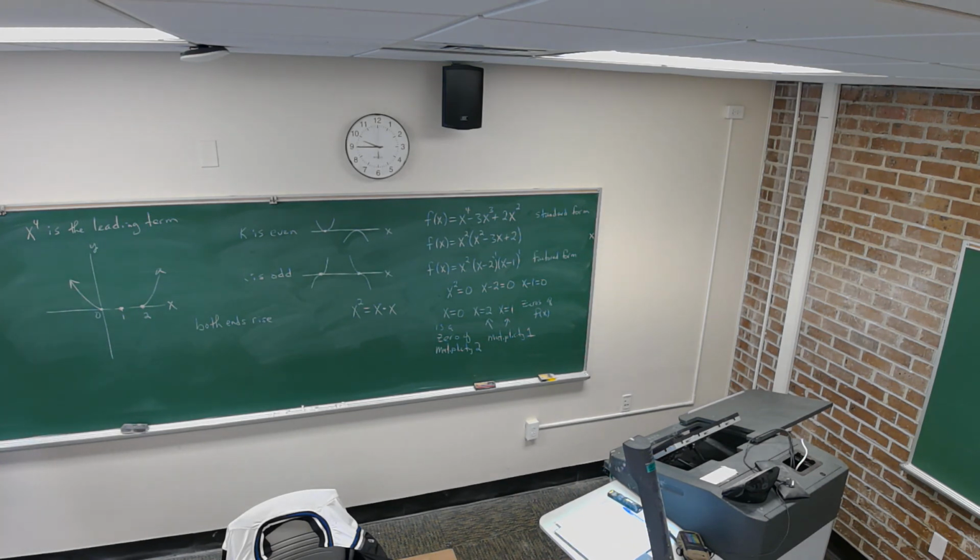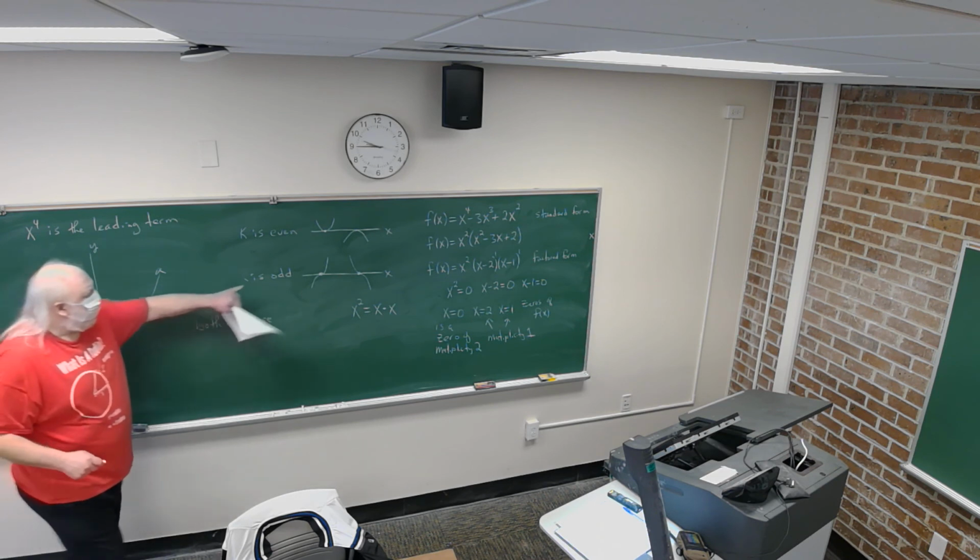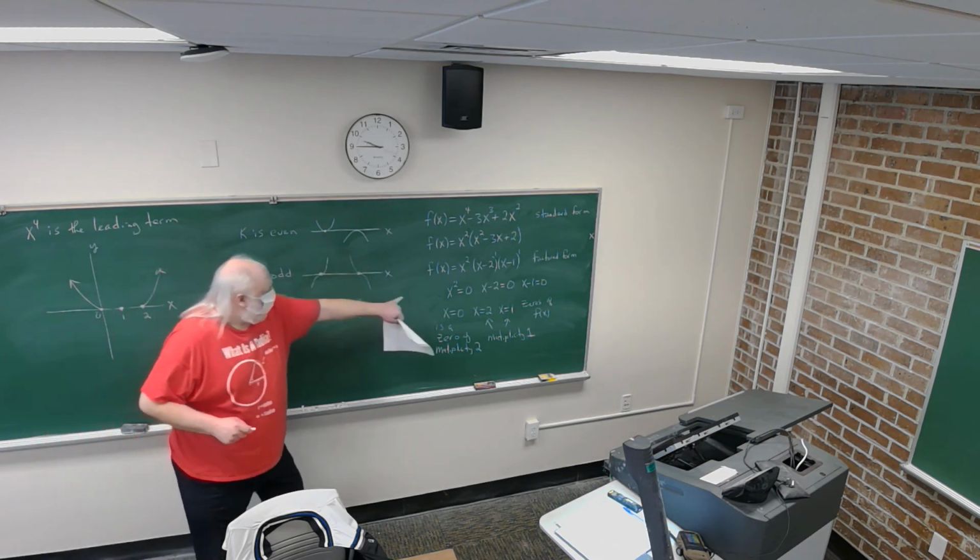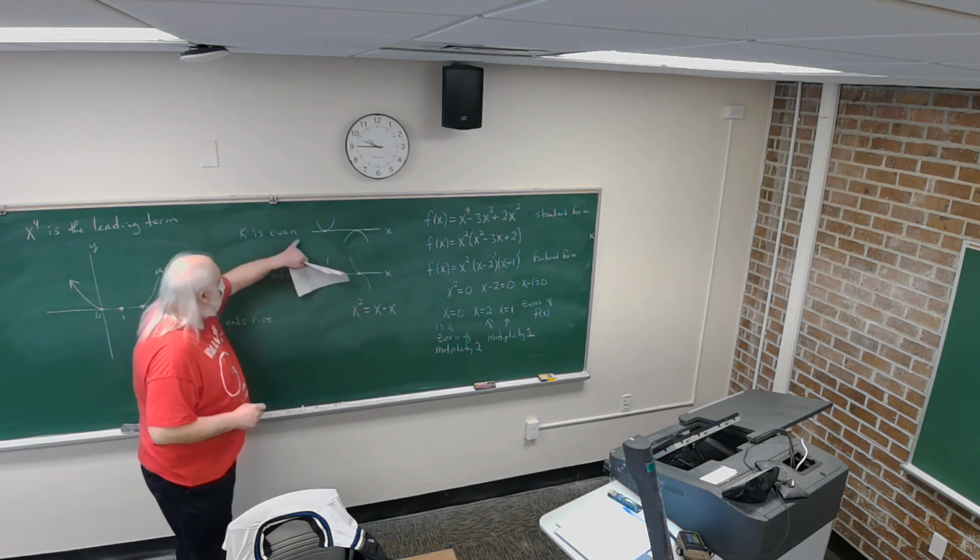Well, x equals 0 has a multiplicity of 2. So does the graph cross at x equals 0, or touch at x equals 0 and turn around? It turns around, because k is equal to 2. K is even.